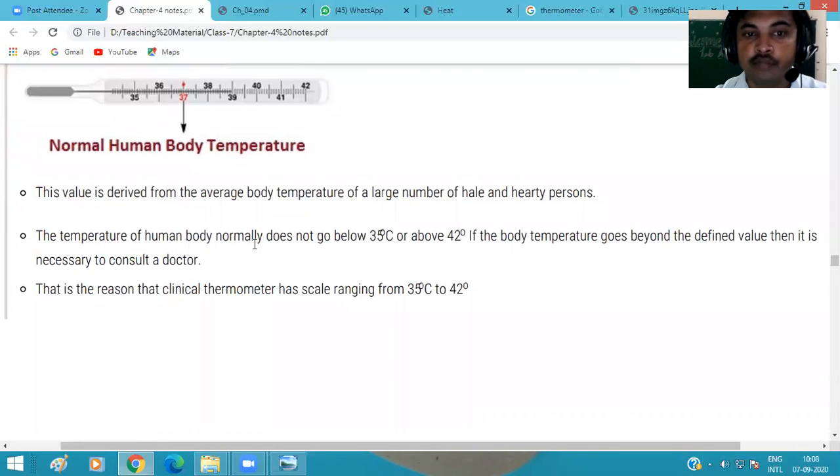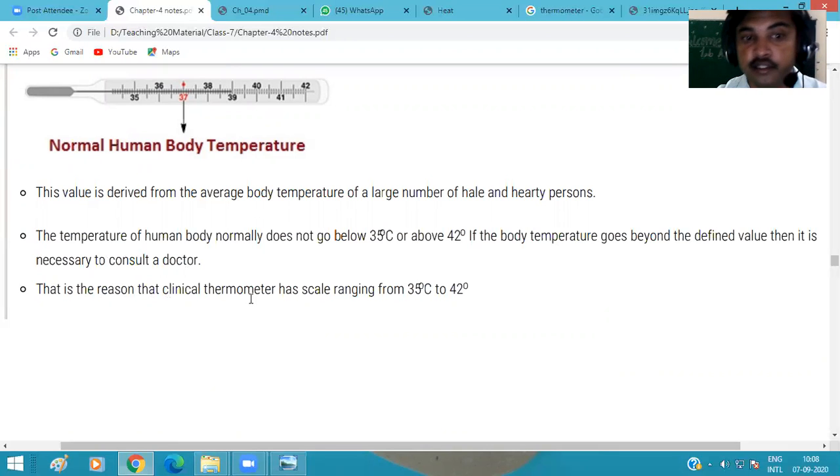The temperature of the human body normally does not go below 35 or above 42 degrees Celsius. If the temperature goes below 35 or above 42, there is a need to consult a doctor. And normally when we feel our body temperature is high, we always consult a doctor.